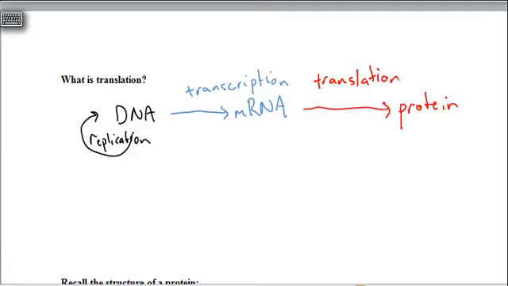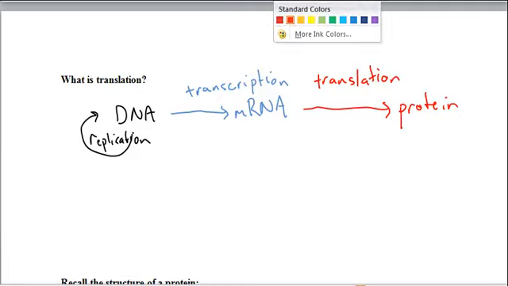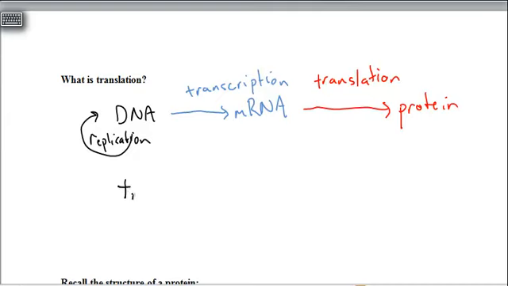And the reason it's called translation is because we're switching our language.